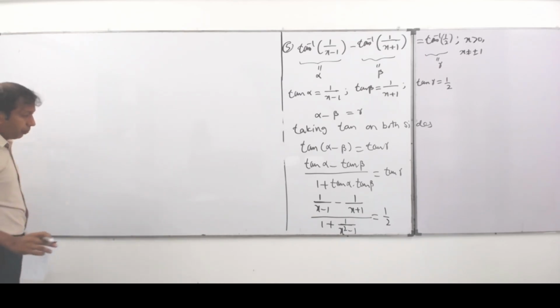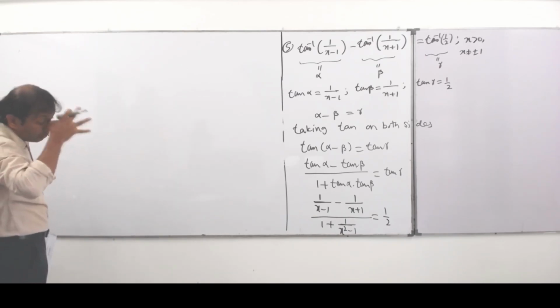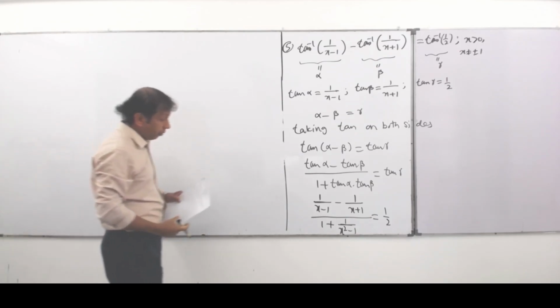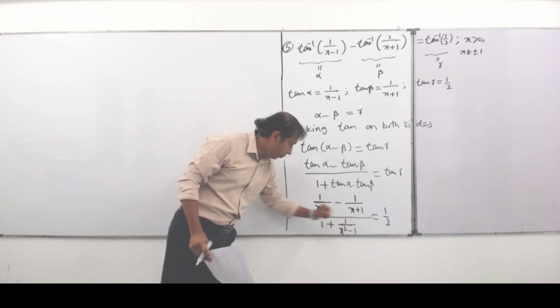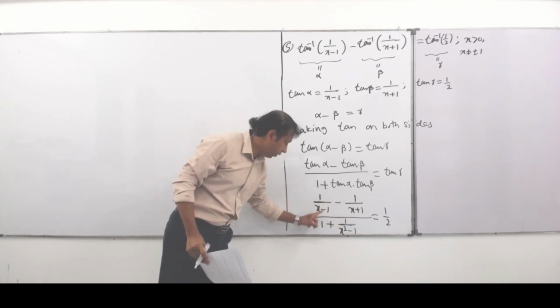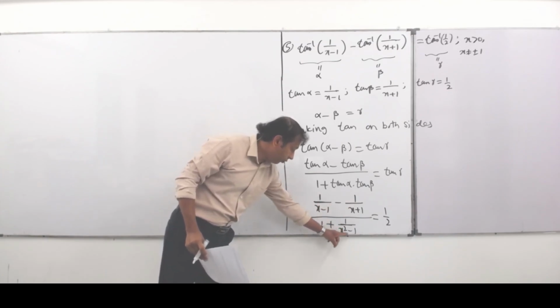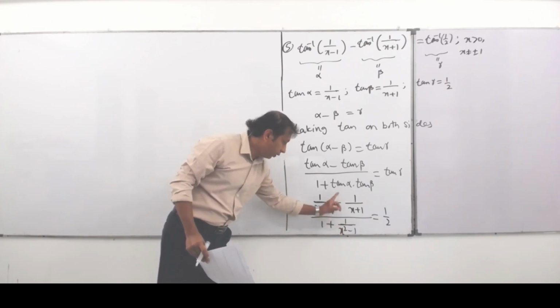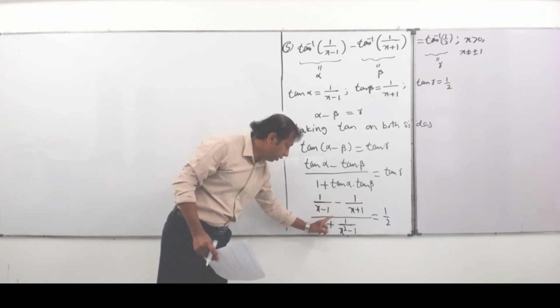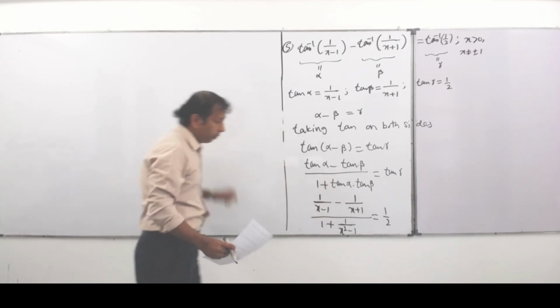Right. So when you simplify that, people, we take a common denominator in the numerator, the product of these two, so x plus 1 comes here, x minus 1 comes here, and the denominator is going to be x squared minus 1. In the denominator also we take x squared minus 1 as the common denominator, then that x squared minus 1 comes here, and the denominators we can cancel down.